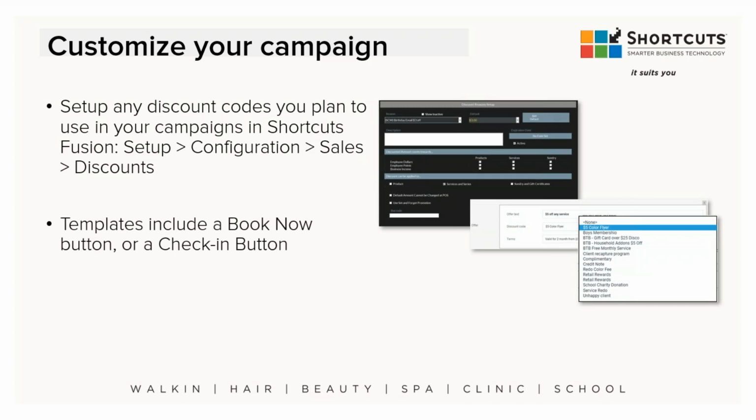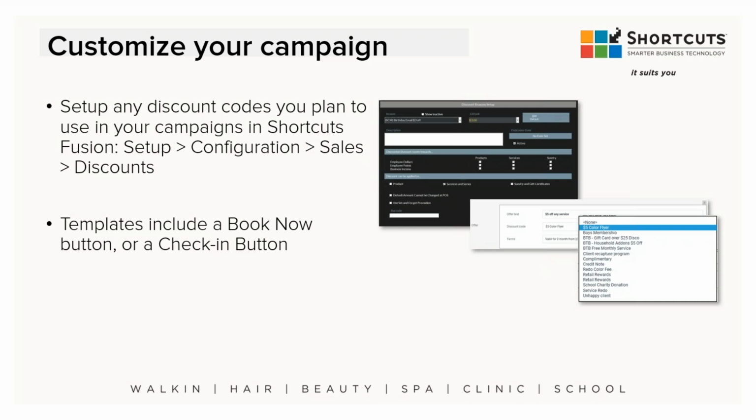And then once Shortcuts has that in the point of sale, when you're building your coupon, there is an option to include that discount. And you're going to have a pull down menu that tells the email, I want you to synchronize this offer, this promotion, with this particular discount in the Shortcuts point of sale.